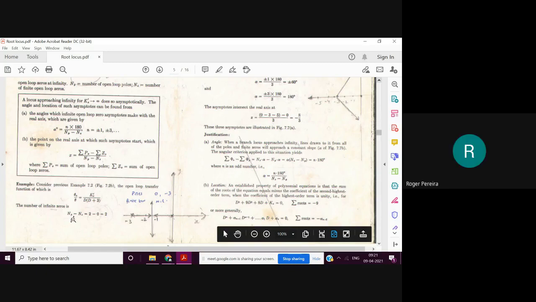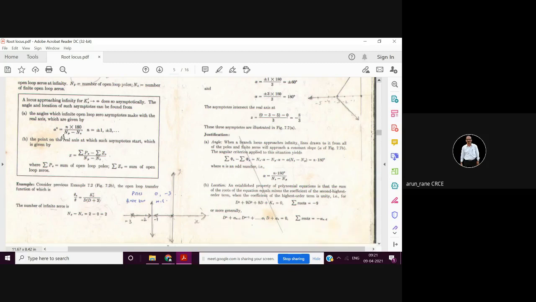Now np is nothing but the number of poles. So the number of poles is 2, and the number of finite zeros is nil. So 2 minus 0 is equal to 2. Did you understand this? Yes, sir. That is this denominator.